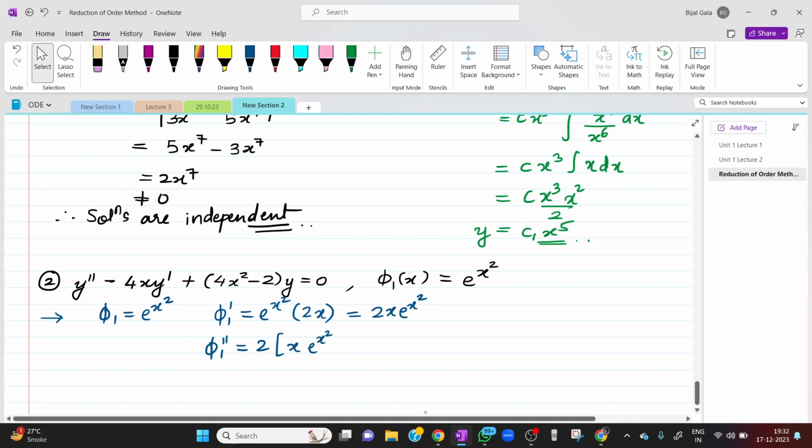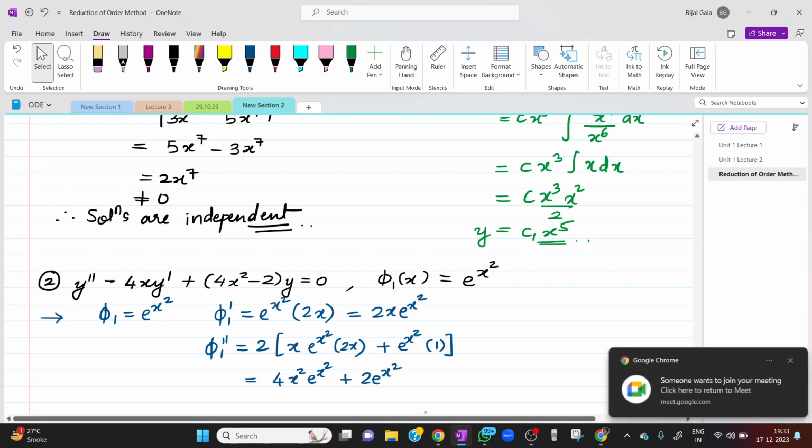Derivative of e raised to x square is e raised to x square into 2x again, plus e raised to x square as it is. Derivative of x is 1. On simplifying, this becomes 4x square e raised to x square plus 2 e raised to x square.